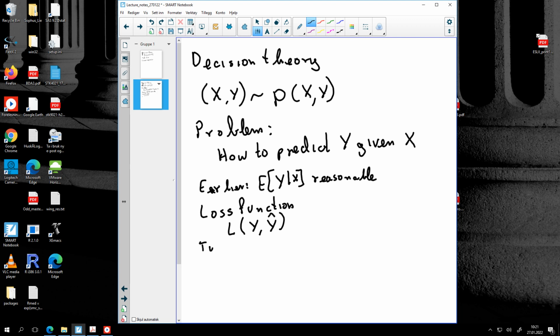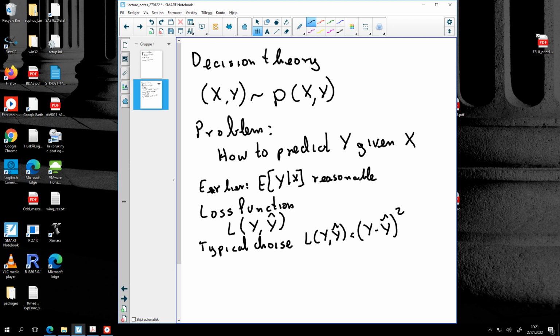A typical choice is to say that this loss function is then y minus y hat squared. So that would then correspond to a squared loss, which is typically what people choose, partly because it's mathematically convenient, but also because it's a reasonable choice.